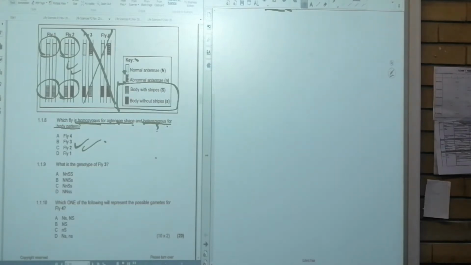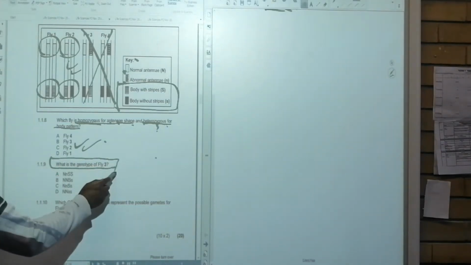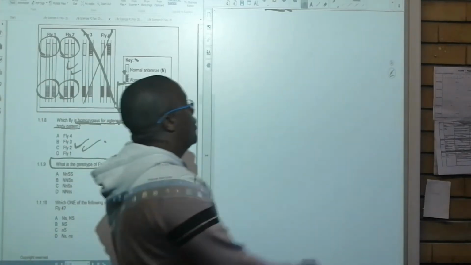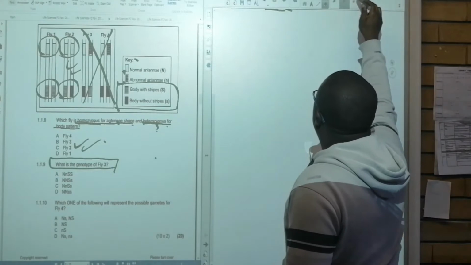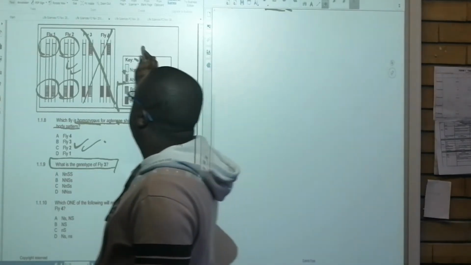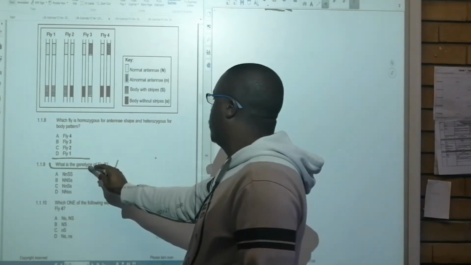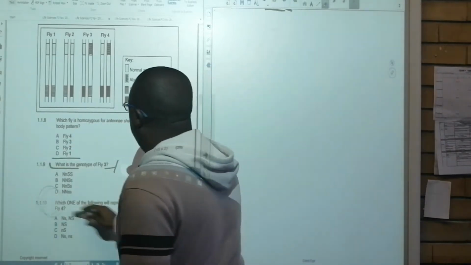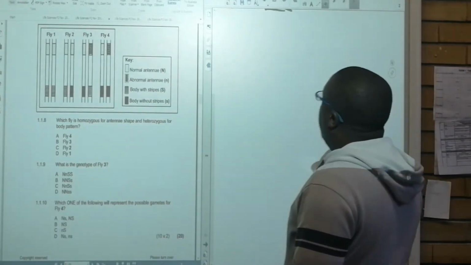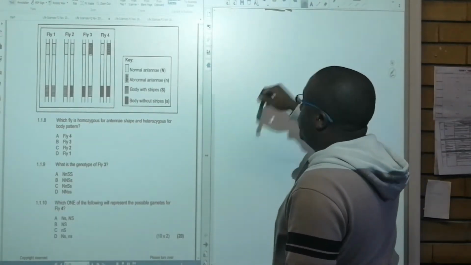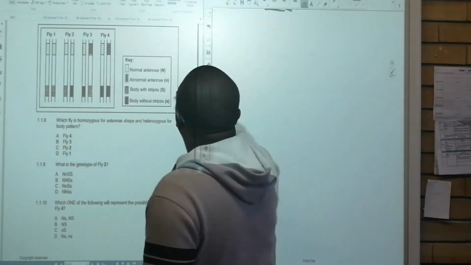Right. Let's continue. What is the genotype of fly 3? Let's remove this. Where is fly 3? This.